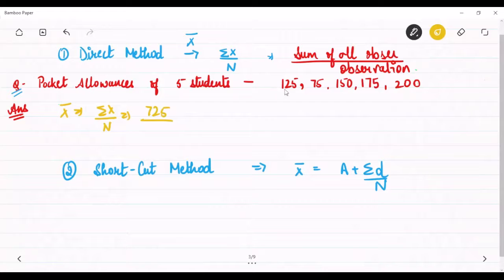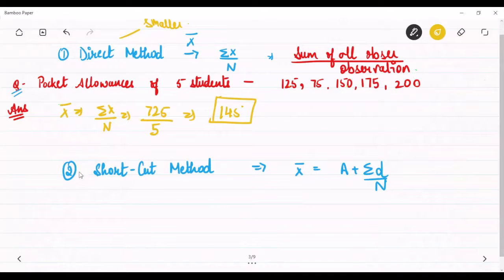And what is the number of observations? 1, 2, 3, 4 and 5. So we will divide it by 5. When we divide it by 5, the answer is 145. Okay, so this is the direct method, and this method is suitable for data which are small. I have also told you about the suitability of this method.